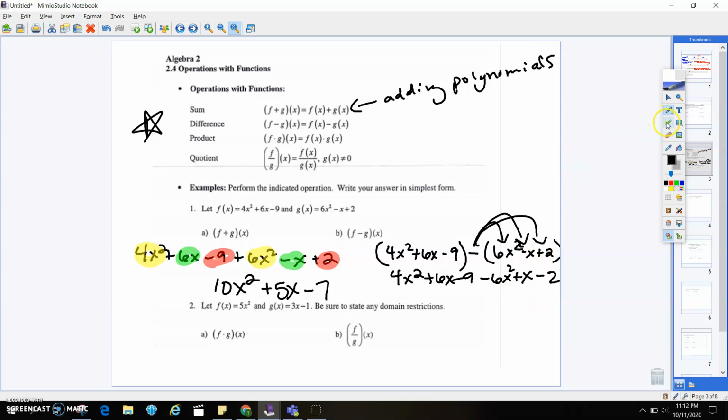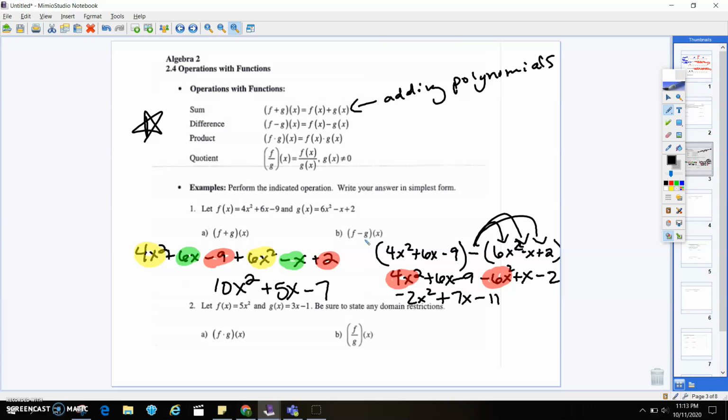Okay, and just like in the last problem, then we're going to combine our like terms. And I'm sorry for that squeaker in the background, that's my dog. And then we've got 6x plus x, that's going to give us 7x. And negative 9 minus 2, which is going to give us a negative 11. Okay? So again, with the adding and subtracting, it's kind of like what we did in the last unit.